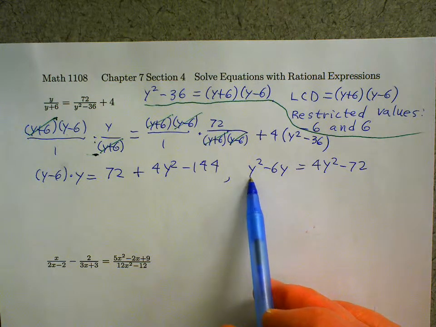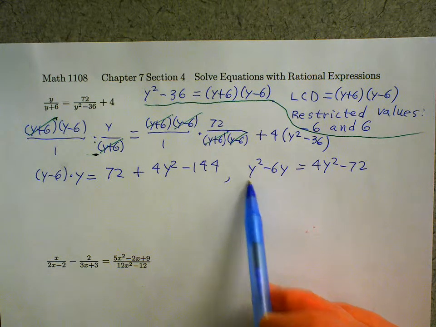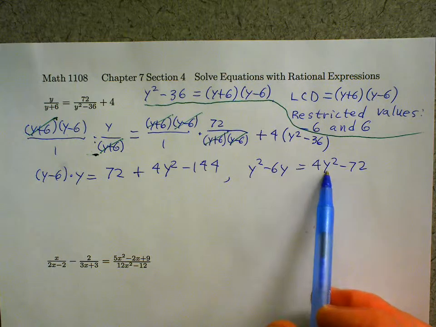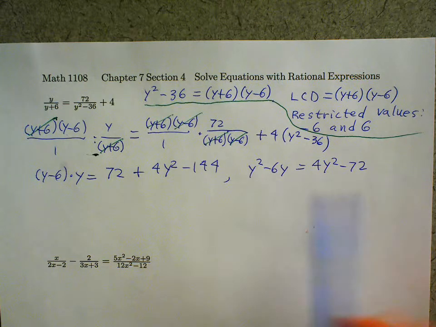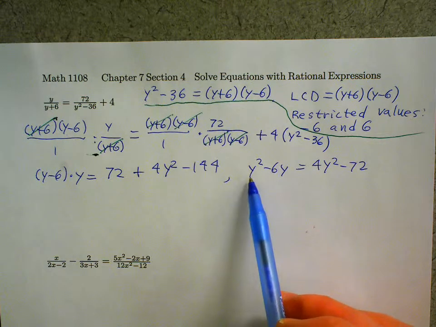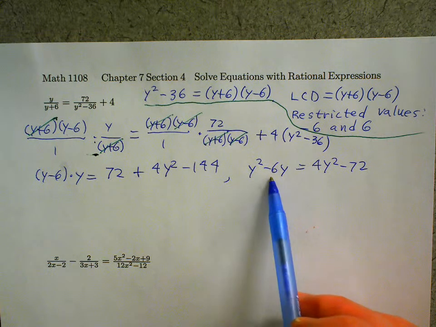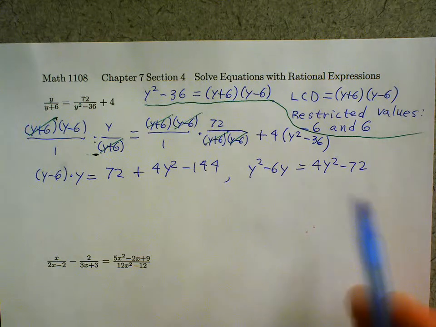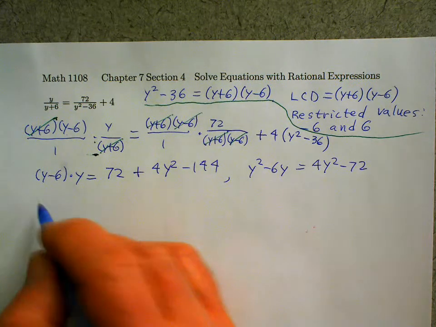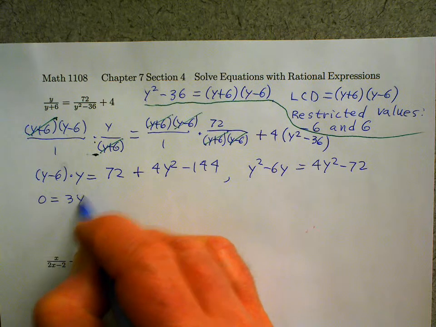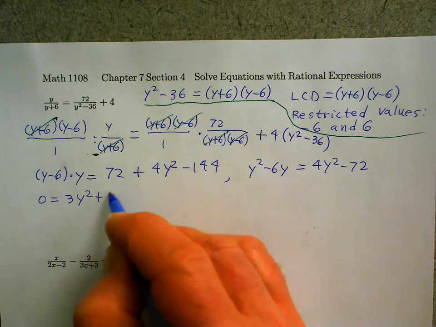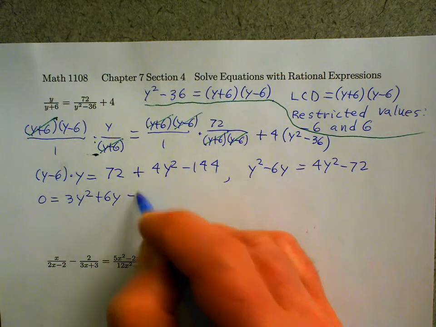Since we're going to have a y to the second term, we want to set one side equal to 0 and then solve by factoring. So we'll subtract y squared from both sides and add 6y to both sides. So we get 0 equals 3y to the second plus 6y minus 72.